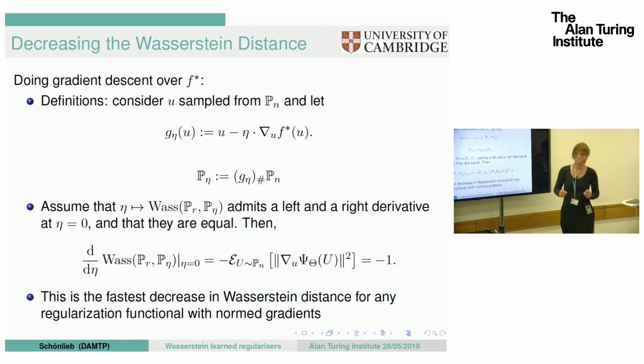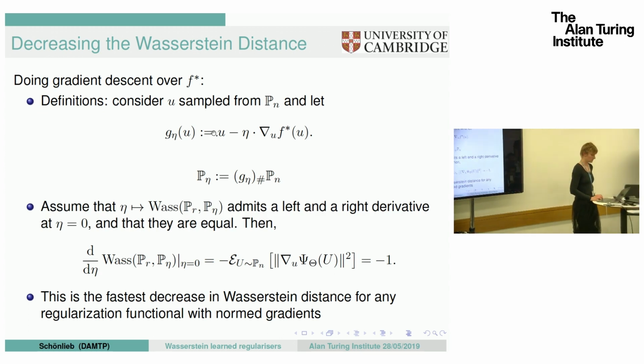So let's imagine I start with a sample U from the distribution of pseudo-inverse reconstructed images, the noisy artifact images, Pn. And I take from U a gradient step into the direction of this regularizer F star. And I construct a new distribution of these G eta of U that I call pi eta.